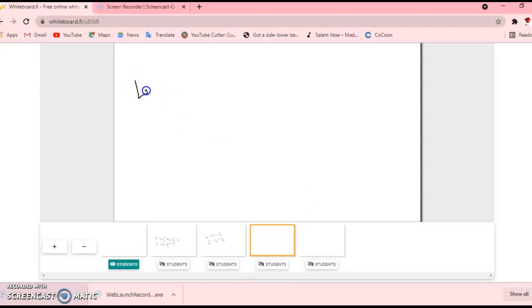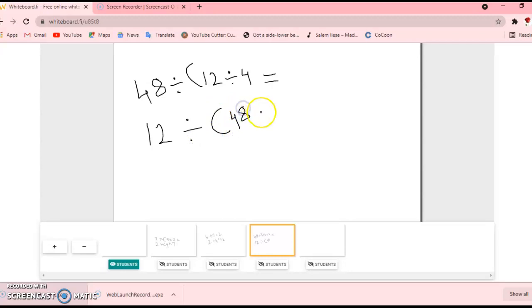Example: 48 divided by (12 divided by 4) is not equal to (48 divided by 12) divided by 4.